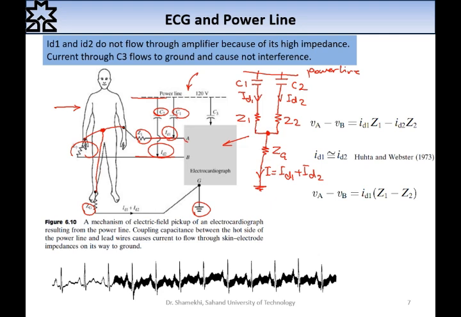And VA and VB in our lumped electric model are located here, VA and VB.